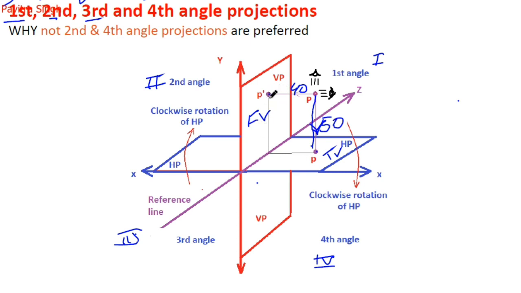So this point P is the projection of point P from the top. This is the top view. Now you can see this is the vertical plane and this is the horizontal plane, and these two planes are perpendicular to each other. So this is the story of three dimensions, but our drawing sheet is two dimensional.